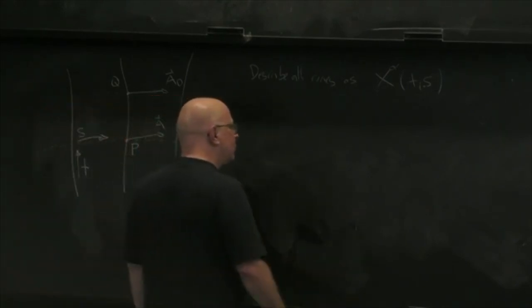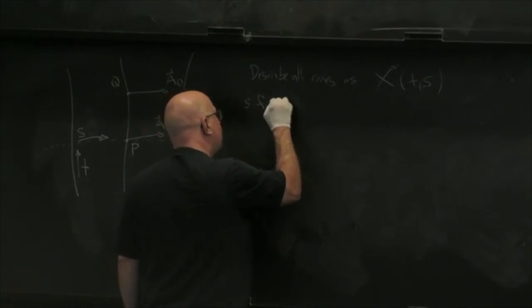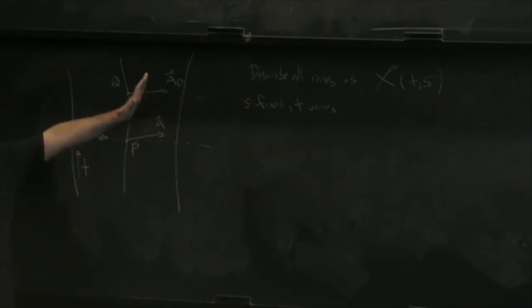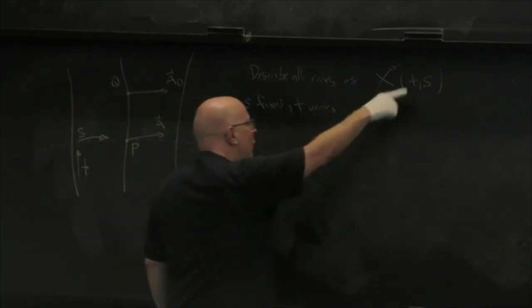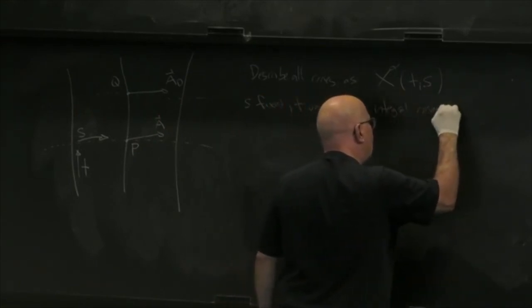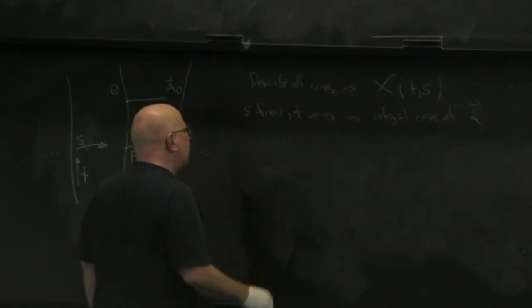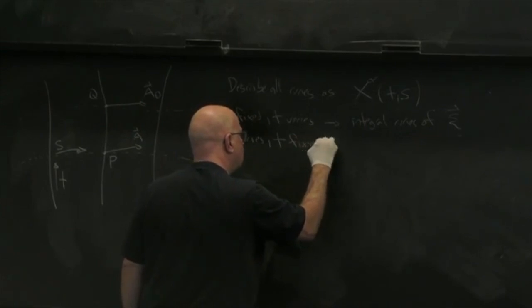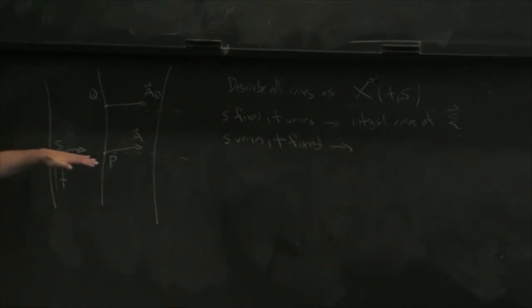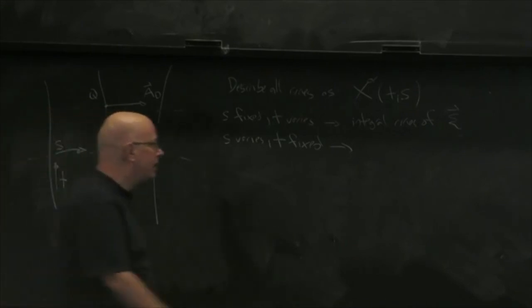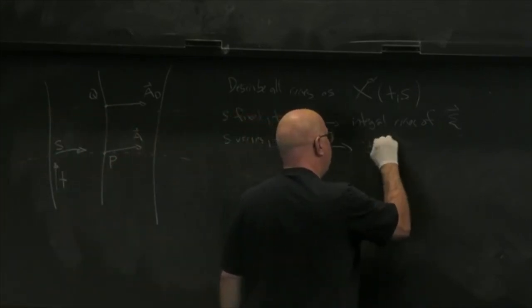And the way to think about this is to say that if s is fixed in those equations and t varies, then that means we're going up along the integral curves of C. And if I do the opposite, if I let S vary and T is fixed, then what this means is that I'm going across like this, either along the original curve through P or along any one of those drag curves that I get by sliding up by a constant T. So in this case, we get the drag curve.